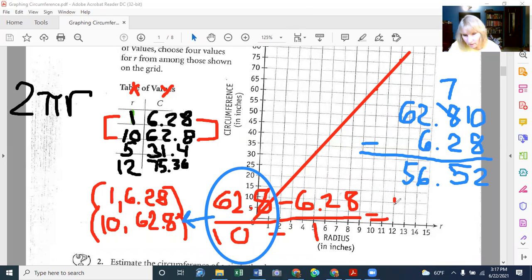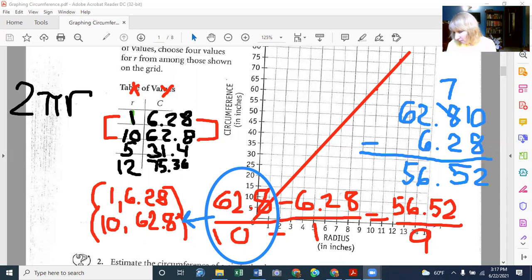So 56.52. And then on the bottom, that's easy to do in your head. 10 minus 1 is 9. And now to find the slope, I have to do 56.52 divided by 9. So I'll let you work that one out.